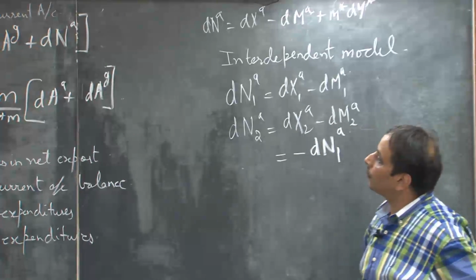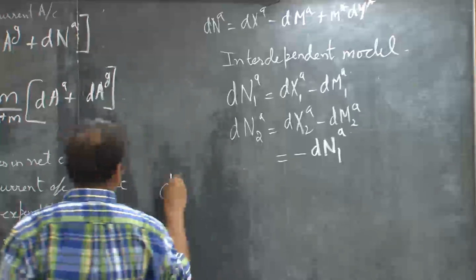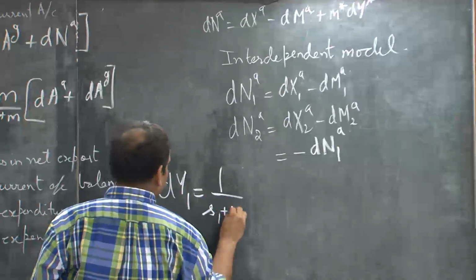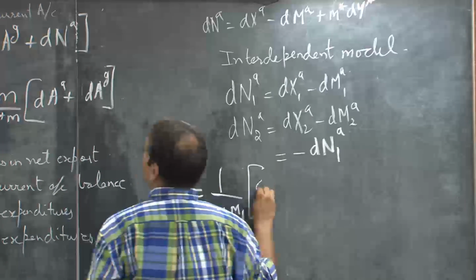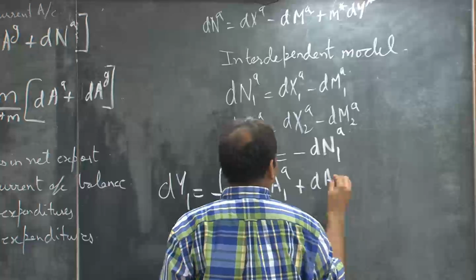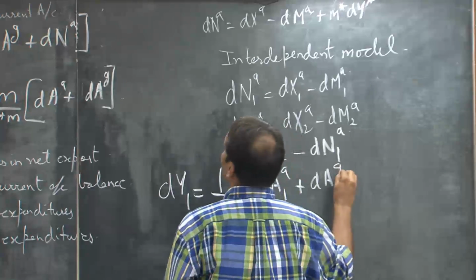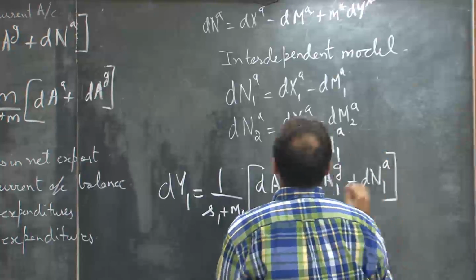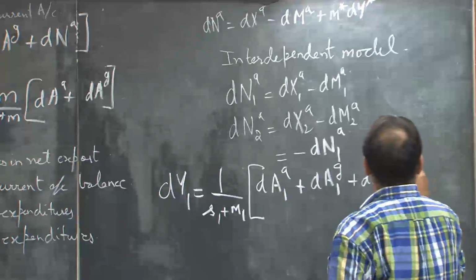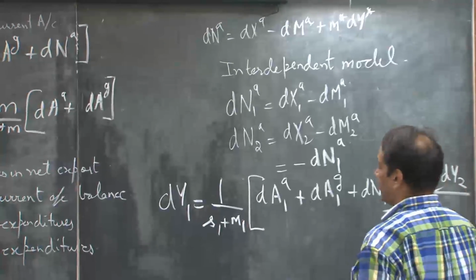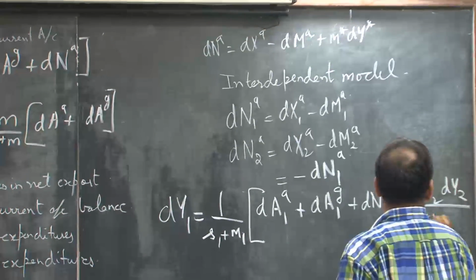So, the equations would become dy1 equals 1 upon S1 plus M1 times dA1A plus dA1G plus dN1A, and you would have M2 dy2 divided by S1 plus M1.